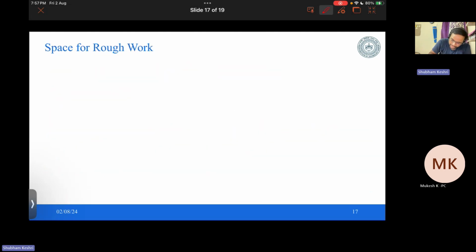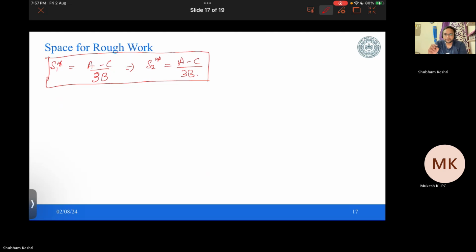When you simultaneously solve these two equations, the solution is S1 star equals (A minus C) divided by 3B, and the same for S2 star, (A minus C) divided by 3B. So this is the Nash equilibrium point.